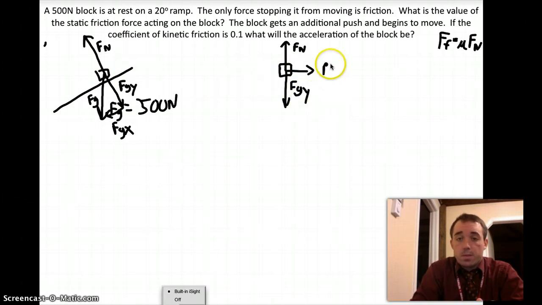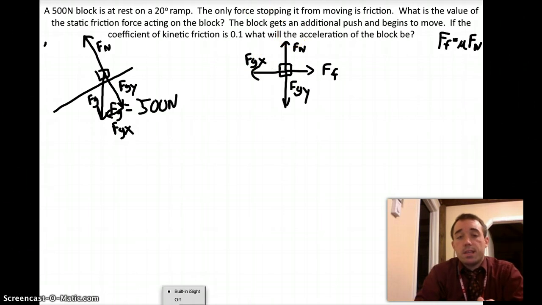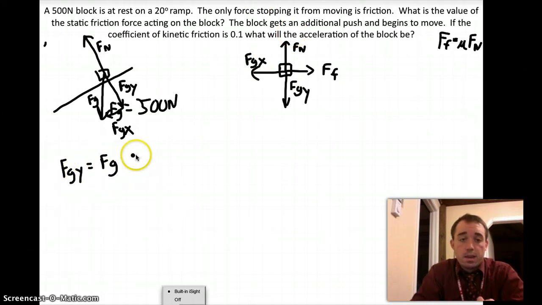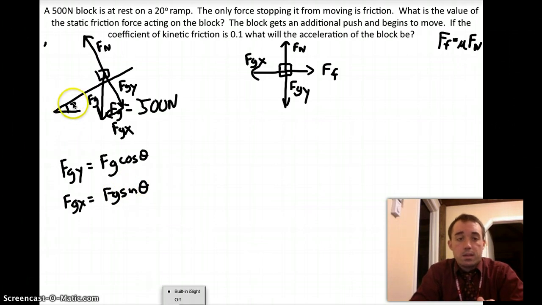The friction force, the problem says, is the only thing that is stopping it from sliding down the ramp. Down the ramp will be to the left, and that's being pulled due to the FGX. So we have to find all these things, and we know that FGY is FG cosine theta, and FGX is FG sine theta, where theta is the angle of the ramp, 20 degrees.